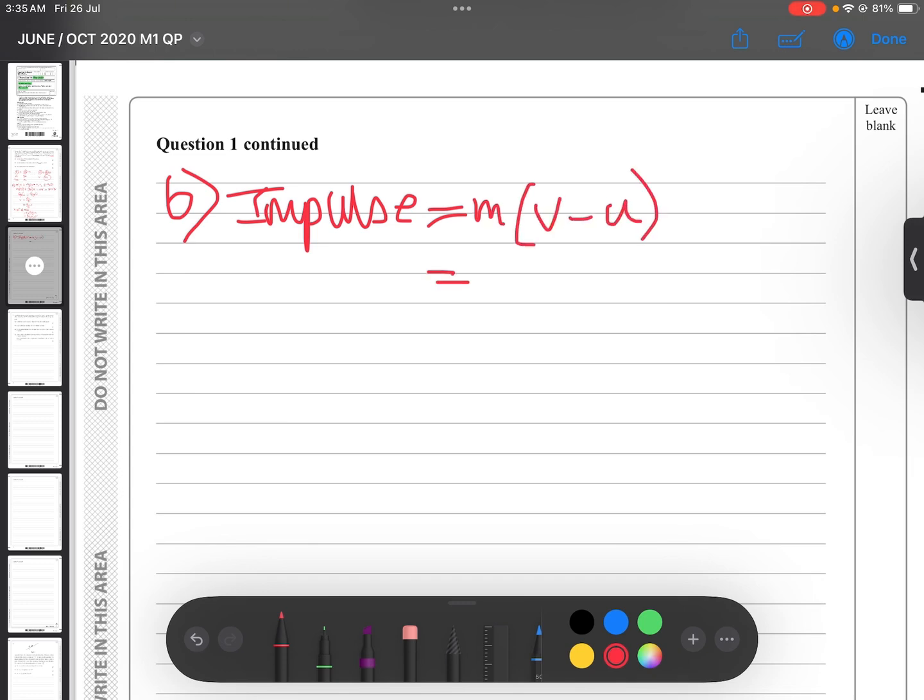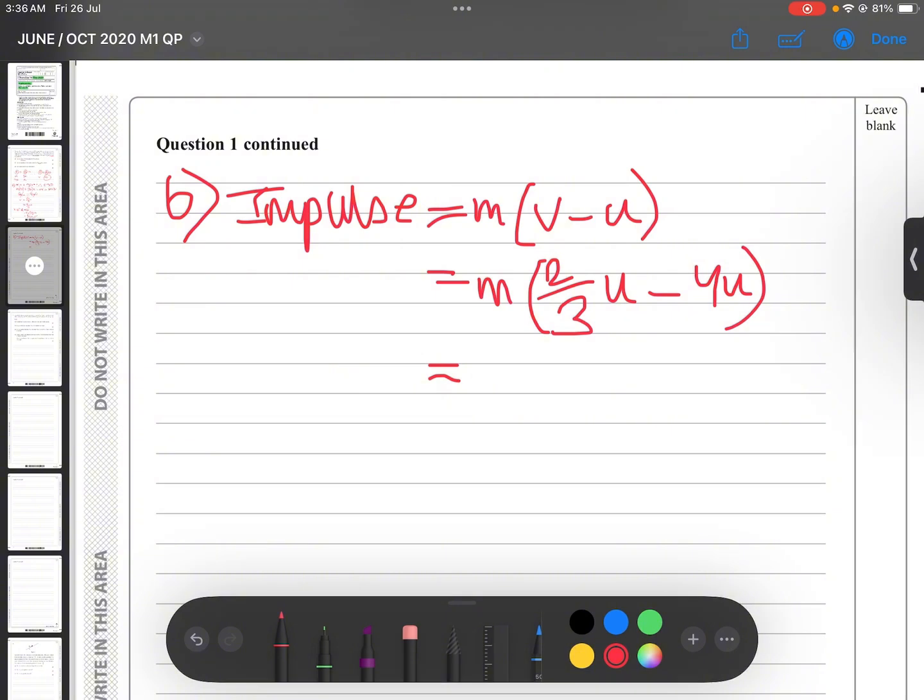The mass of particle P was m. Its final velocity we found was 2 by 3 u. And its initial velocity was 4u.